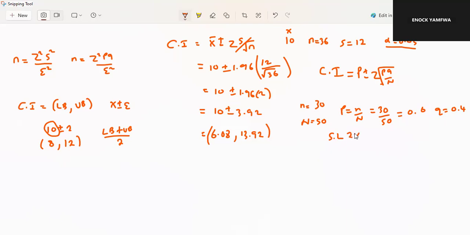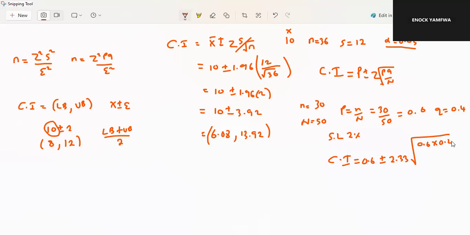So using the formula, how do you find the confidence interval? Confidence interval is equal to the proportion. What is our P? 0.6, plus minus, what is our Z? 2% is the same as 2.33. And our P there is 0.6, and our Q is 0.4.